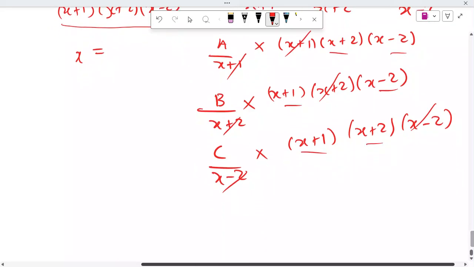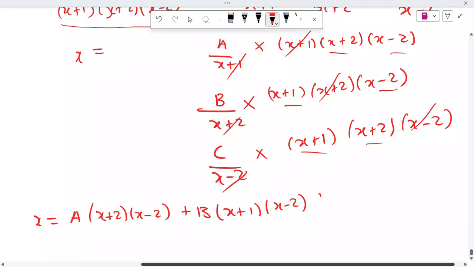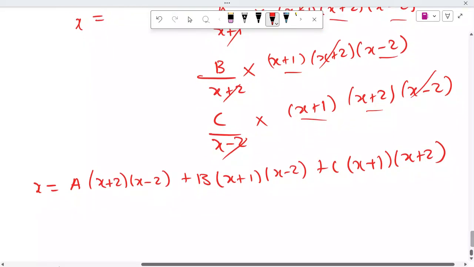So write x is equal to A times x plus 2, x minus 2, plus B times x plus 1, x minus 2, plus C times x plus 1, x plus 2. So we have all these values here.